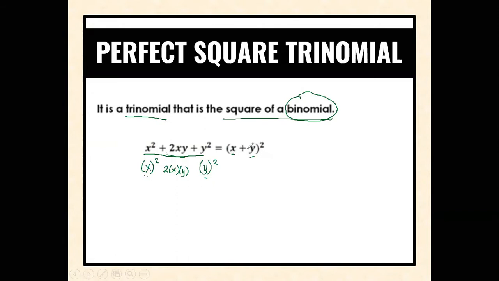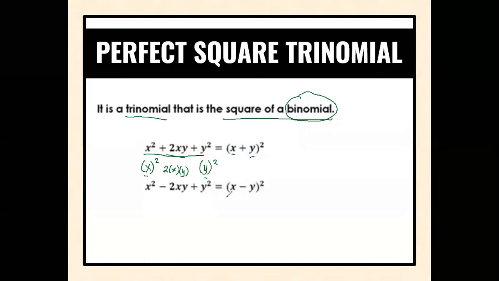And then we square this binomial. So that would be the factors of your perfect square trinomial. So how about if the middle term is negative? If the middle term is negative, then your factors would be (x minus y) squared.